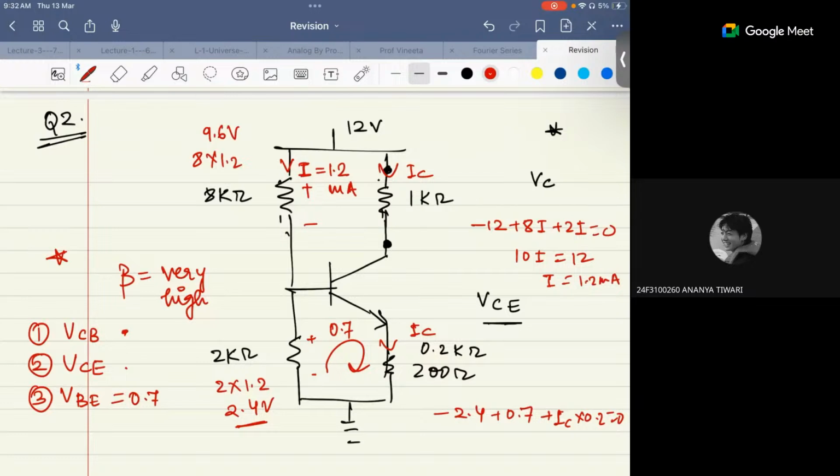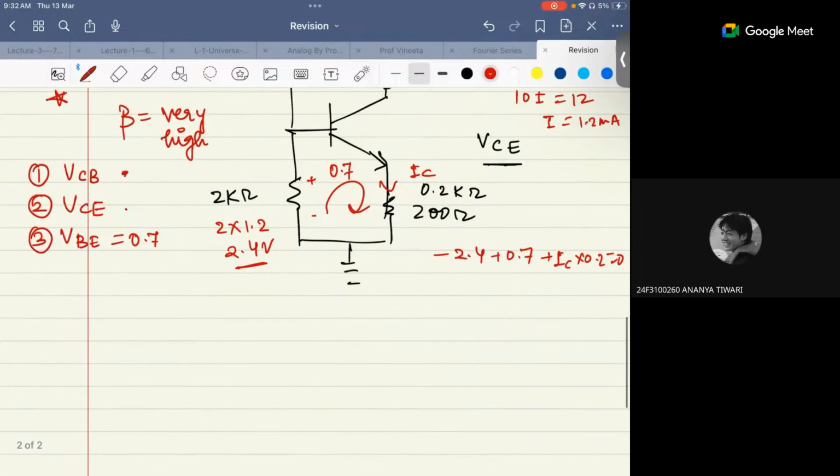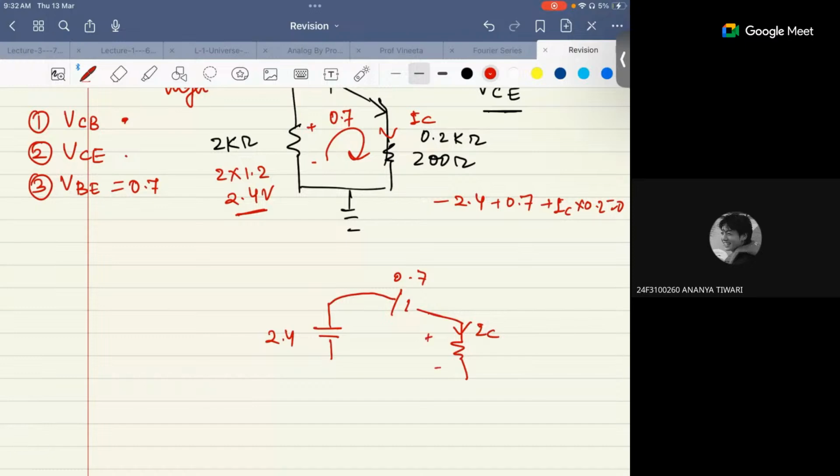So now you have the current here, the potential drop you can calculate, the drop here also you can calculate, right? If you want to write this equation, you have 2.4 volt, then 0.7 volt, and then you have a resistance with IC current, correct? So you can write it as minus 2.4 plus 0.7 plus IC times the resistance 0.2 equals 0.